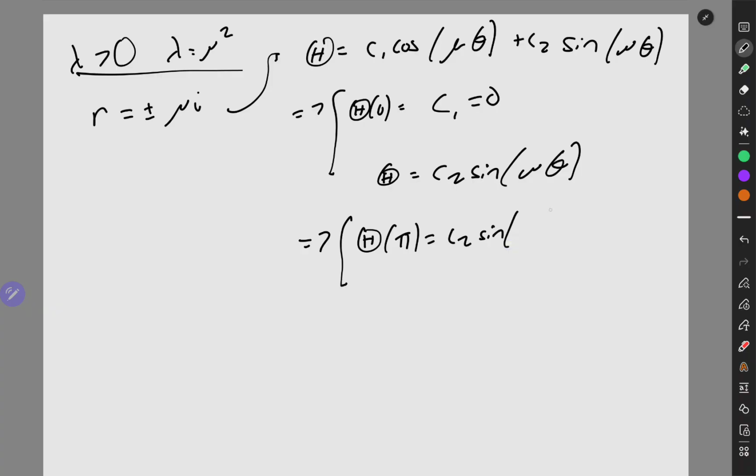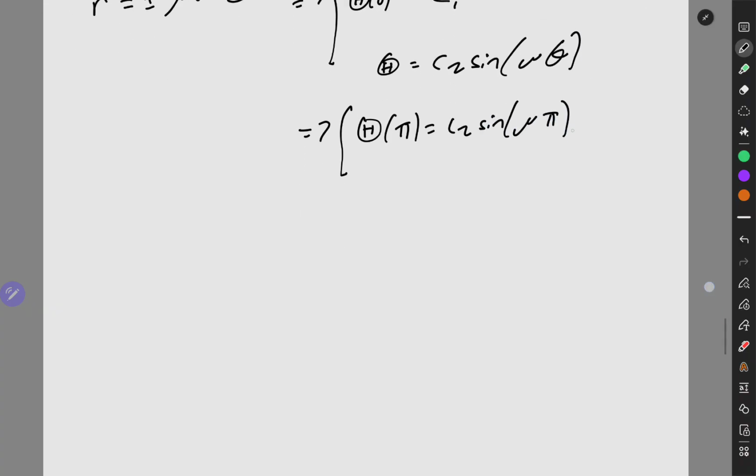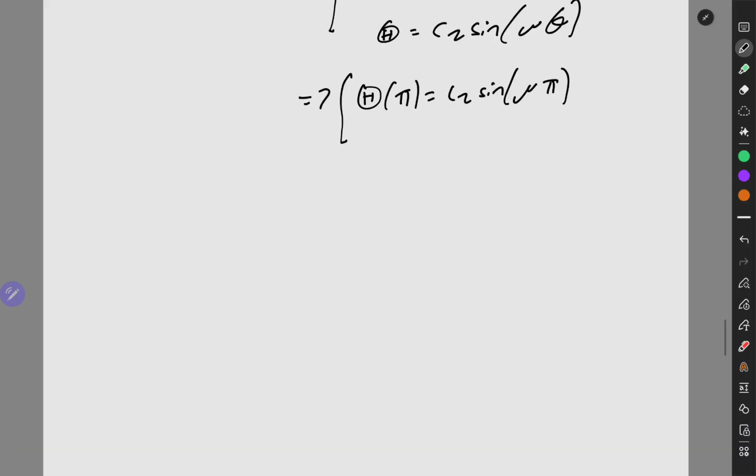C2 sine mu pi. So for this case, remember we want this to be equal to 0. We'll make sine equal to 0, anything of n pi. Sine of n pi would be 0, so we're going to set this equal to n pi. Solve for mu. Oh, that's just n, isn't it?